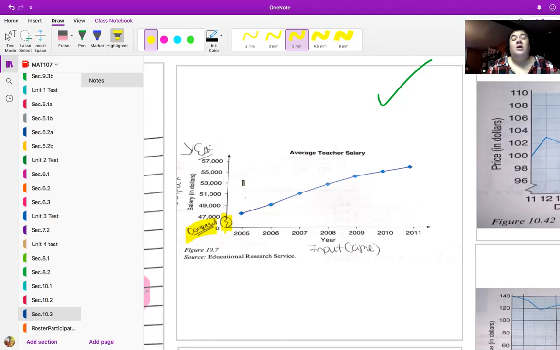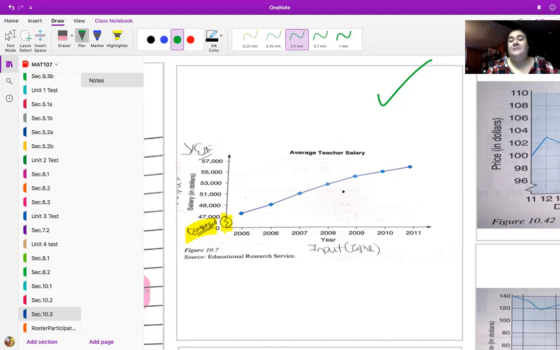Because the first basic salary starts at 49,000, they have compressed the scale so as not to show you 0 through 45,000, because there's no data there, not because they're trying to manipulate it. By telling you that the scale has been compressed, they are being forthright and telling you that it's not being manipulated.